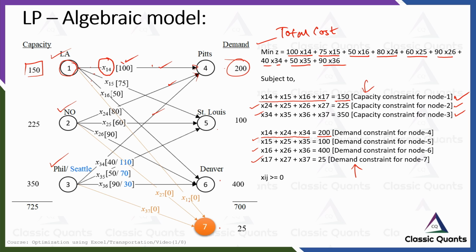For example, in dummy also x17, x27 and x37, these three have ended here. So add them, and what is the demand? Demand is 25. So right hand side is 25. In this way the linear program is formulated for a balanced transportation problem, and this is the non-negativity constraint.